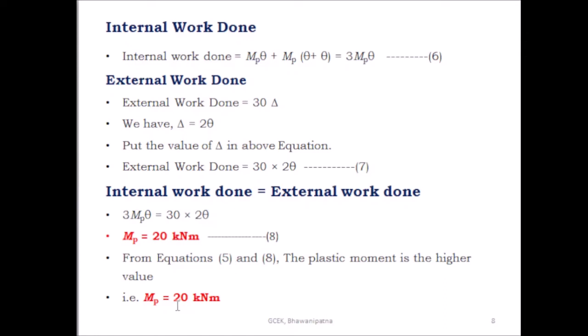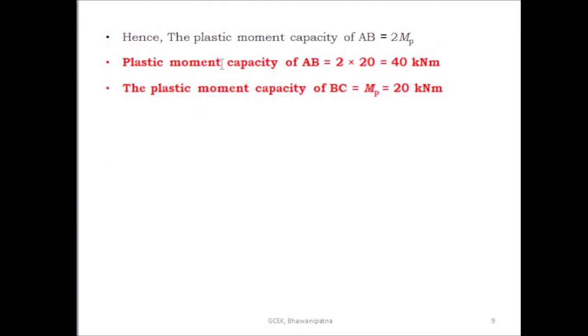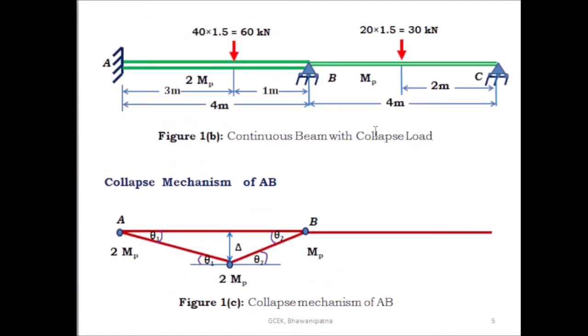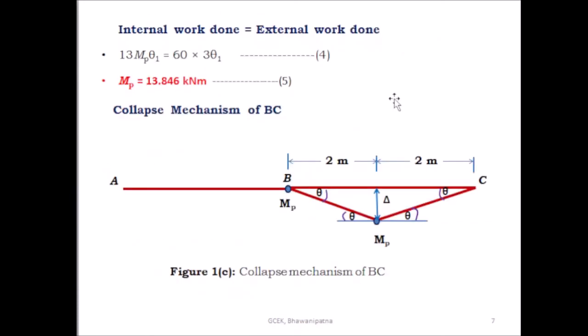So the plastic moment capacity is equal to 20 kilonewton meter. The plastic moment capacity of AB is equal to 2 Mp, and the plastic moment capacity of BC is equal to Mp. So here you got Mp is equal to 20 kilonewton meter.